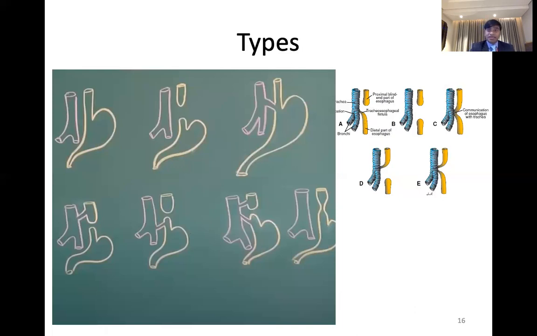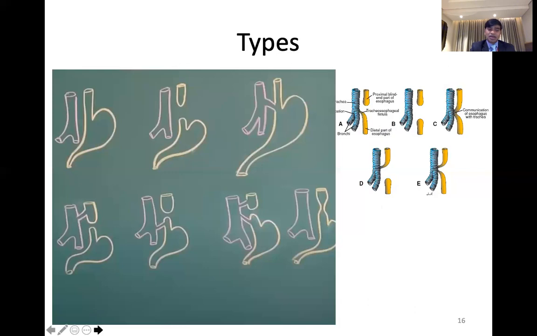Apart from that, the isolated esophageal atresia you will find in approximately 4% of cases. Whereas the H type, you will get in approximately 4%. The rest of these kinds, you will get in 1% of the cases.